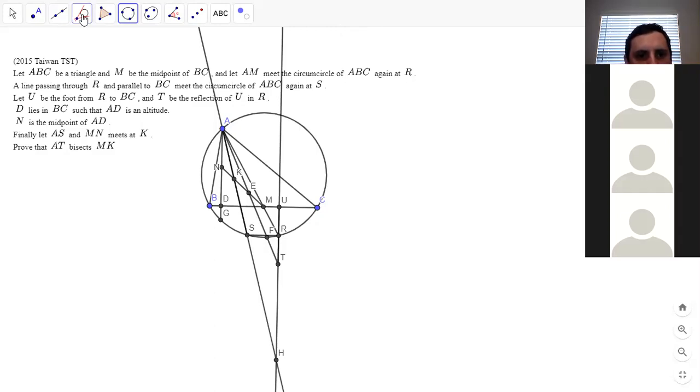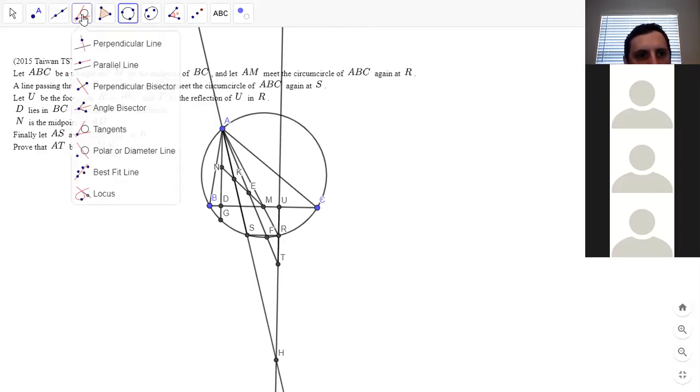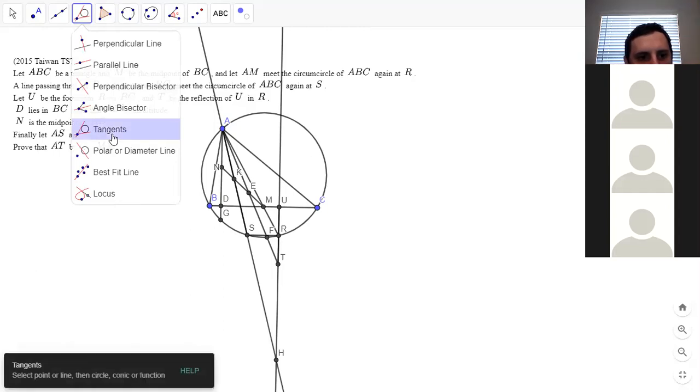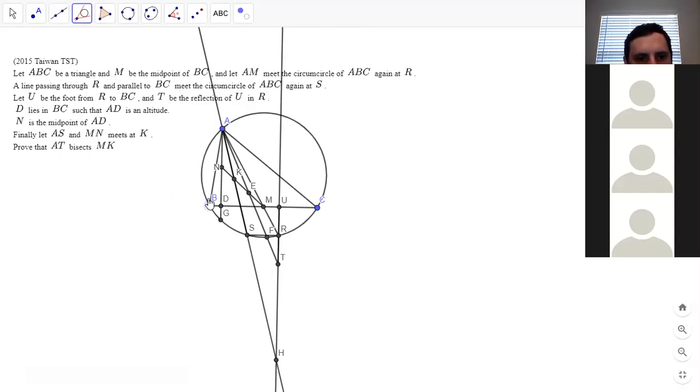So wait a sec. We know K is the symmedian point. So we could draw these tangents.